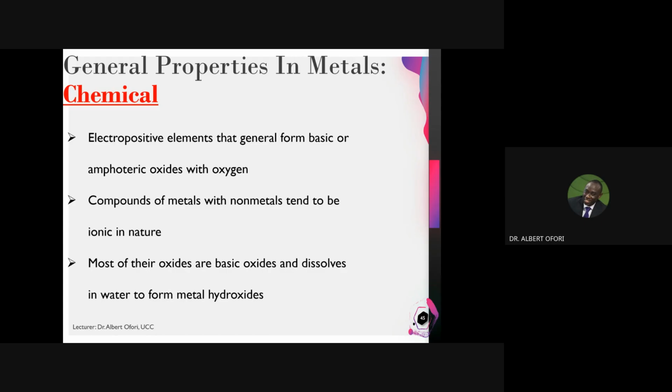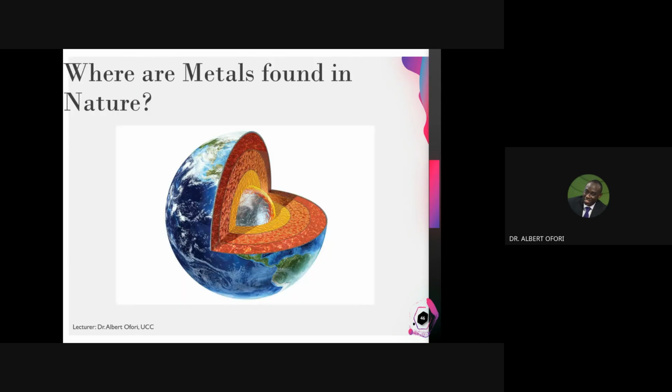You see them forming more ionic compounds in nature. Metals combining with non-metals form ionic compounds. They also form metal hydroxides and those kinds of reactions as well. But in nature, most of these metals are found in the earth crust.